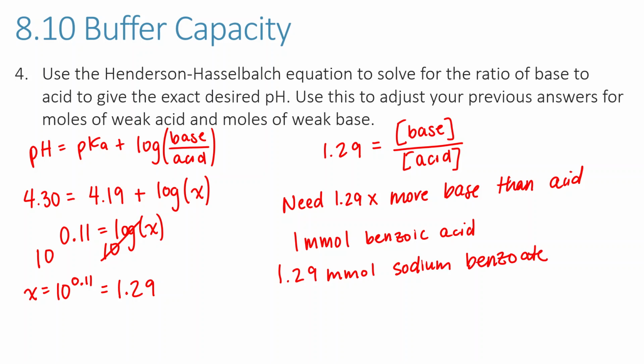So the ratio of acid to base allows us to adjust the pH of the buffer, and the amount of acid and base allows us to determine the strength of the buffer, how much acid or base it's able to neutralize, its buffer capacity.